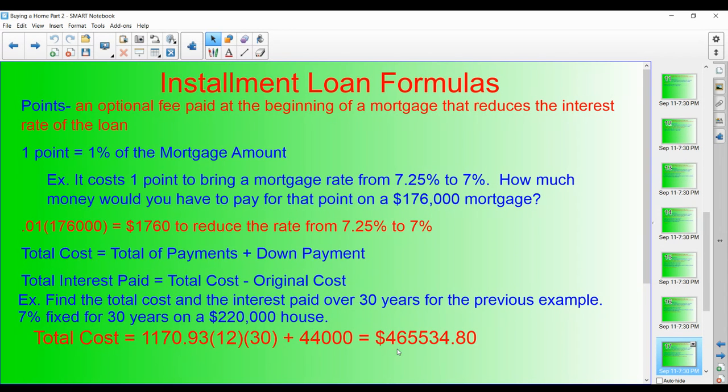So we paid $465,000. Now the interest we paid is this $465,000 minus the actual cost of the house. We paid $245,000 in interest.